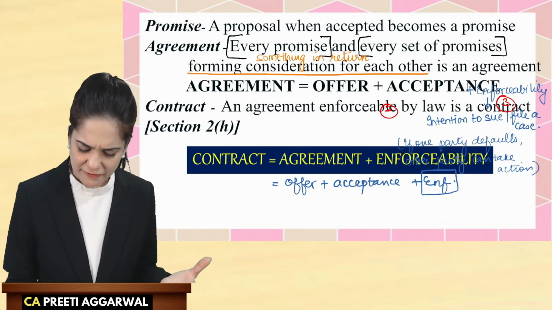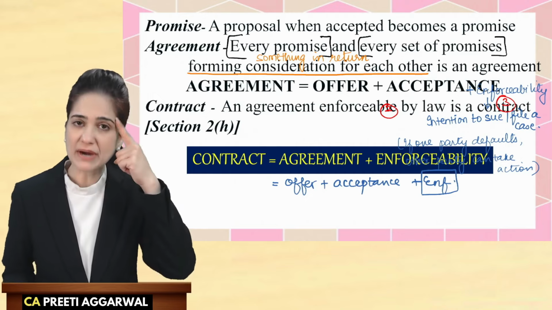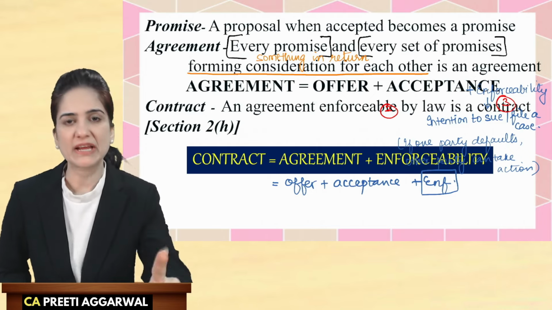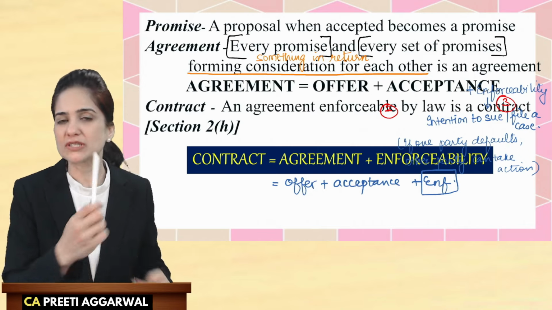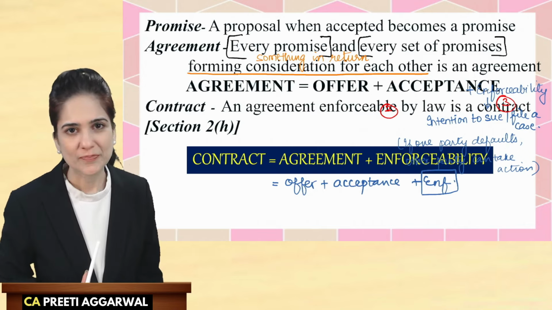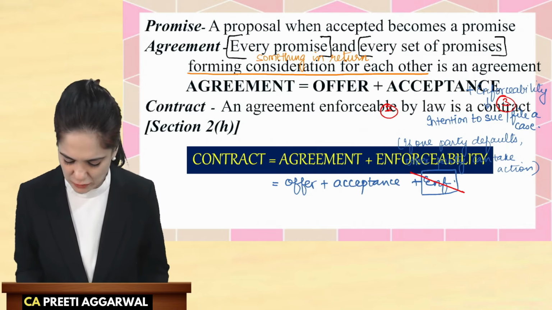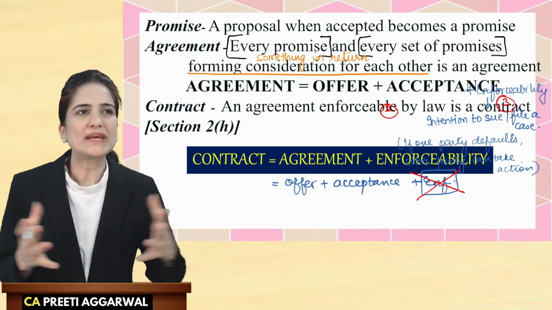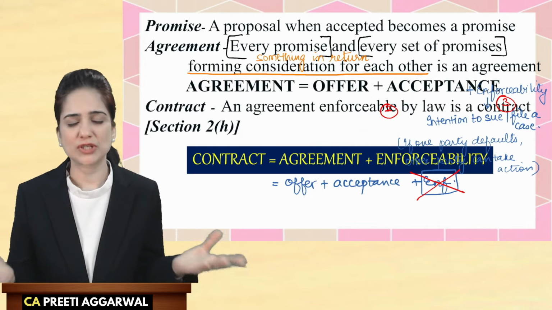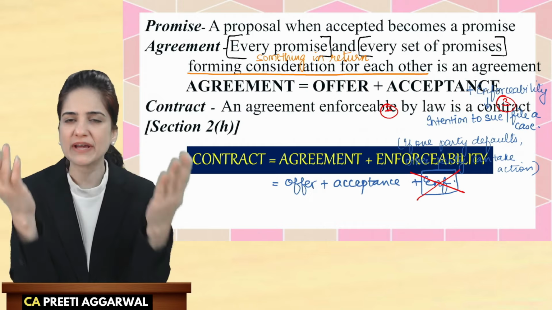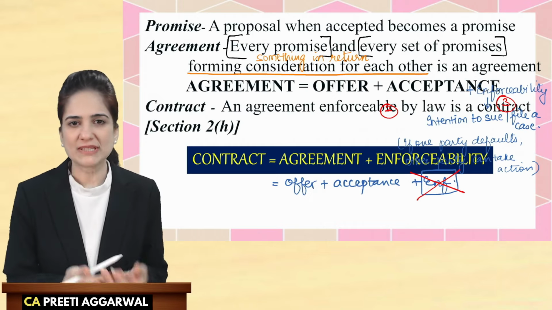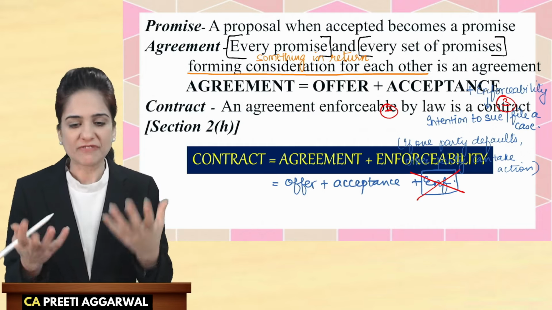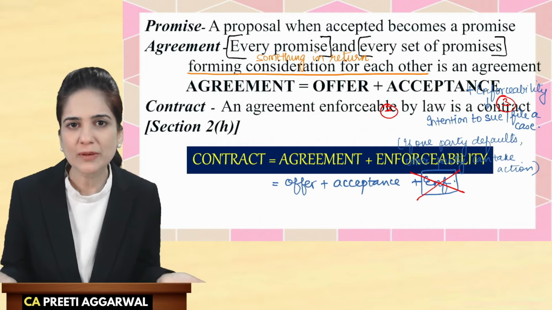What is the meaning of enforceability? Enforceability means parties must have an intention to sue, they must have an intention to file a case. If one party defaults, other party can take action. See, if there is no enforceability, it means that agreement has no legal standing, it has no legal recognition. If I don't have an intention to file a case, law says that I don't recognize that at all. If you're not going to come and file a case, so it is of no use to me.